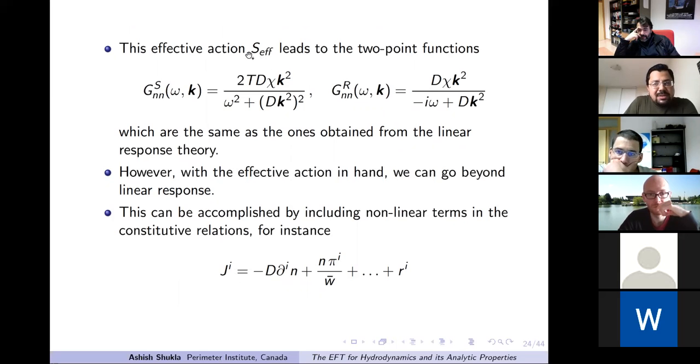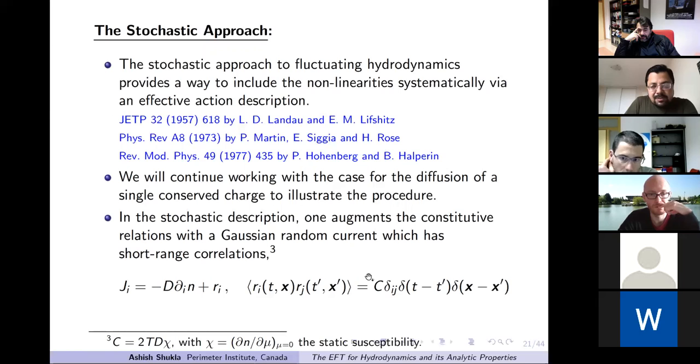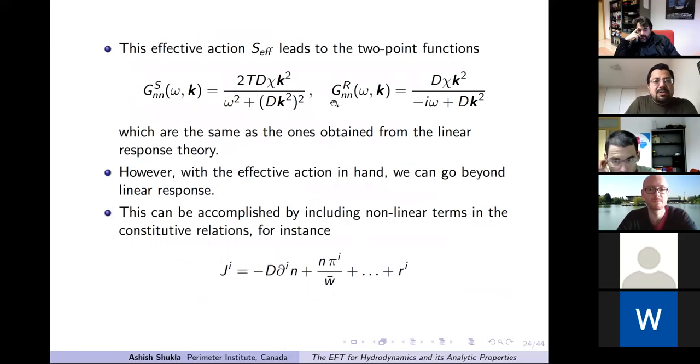I must have mentioned that when I used this stochastic approach to compute my symmetric and retarded correlators, to start with, when I had to fix the strength of this noise, I had this arbitrary constant C sitting over here. But when I computed my retarded and symmetric correlators, I get some result which has C sitting over here. But then I want to match it with the linear response results as well. So that fixes the strength of the noise C in terms of the susceptibility and the diffusion constant, etc. Okay.